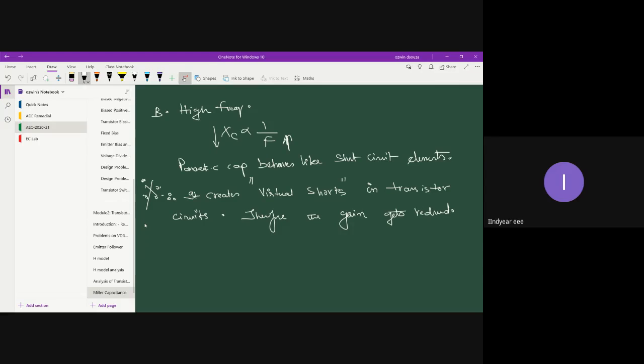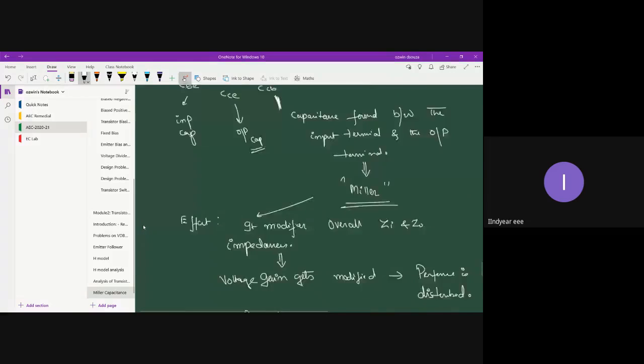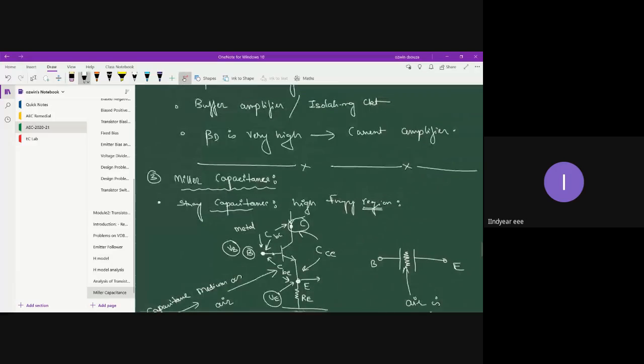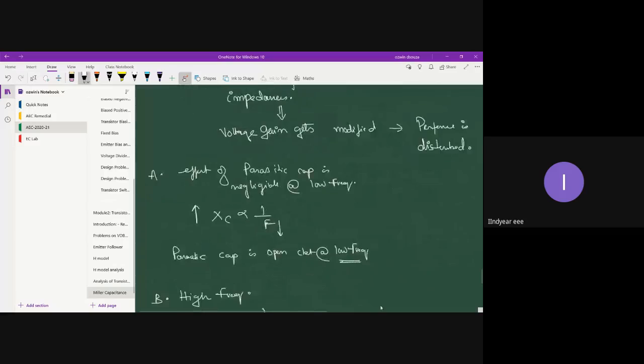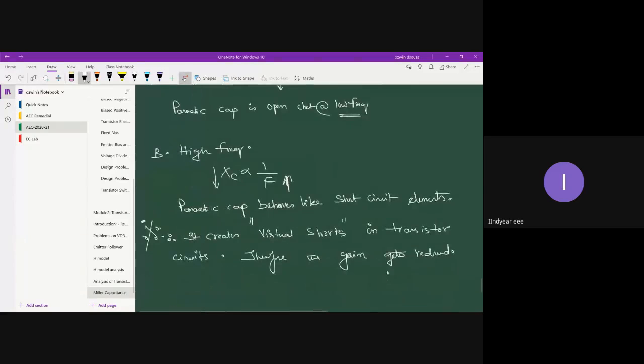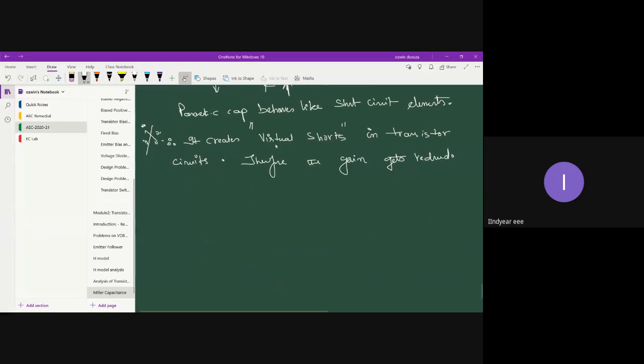So there exist multiple short circuits across the transistor terminals. There will be a short circuit between base and collector, collector and emitter, and base and emitter. So due to this virtual short, the voltage gain gets reduced, and the overall gain will be much lower in comparison with the expected value. So this is the effect of parasitic capacitance.